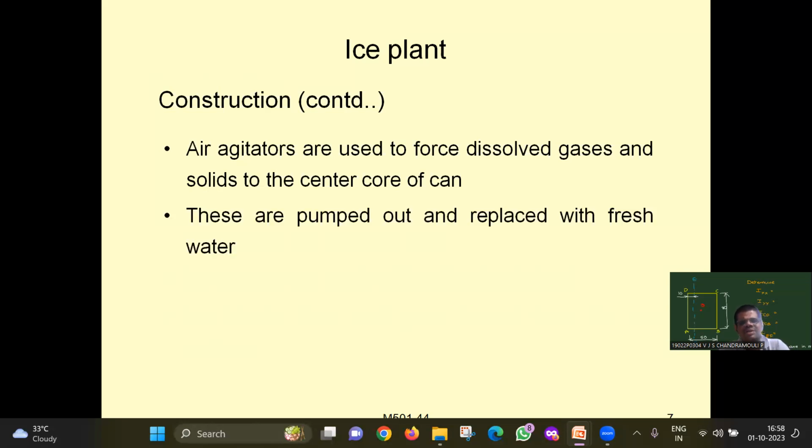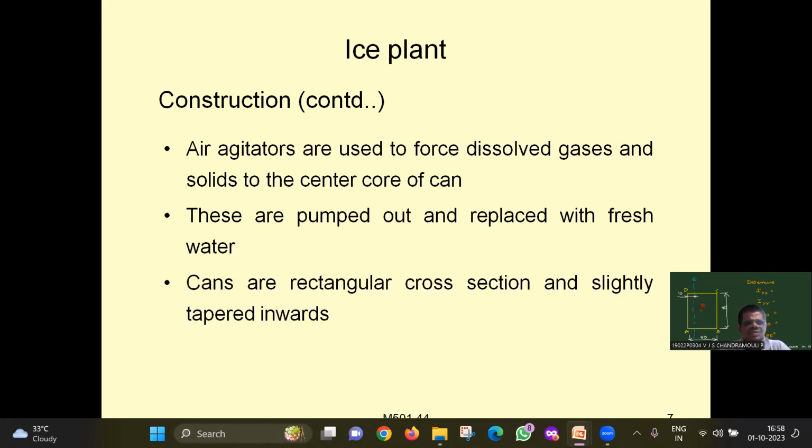And these are pumped out and replaced with fresh water. So this is done before filling the water into the cans. Whatever air is there inside the can has to be removed, and whatever solids or dust also has to be removed by using this air agitator. And after that only it has to be filled with fresh water.